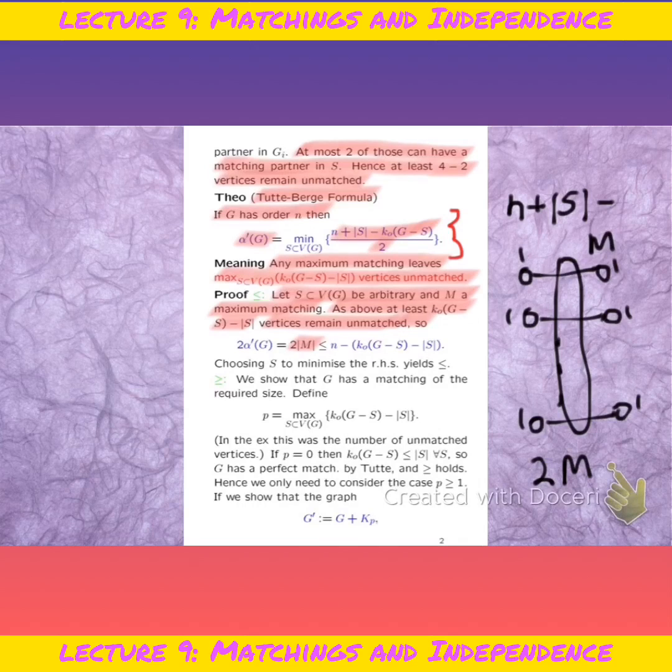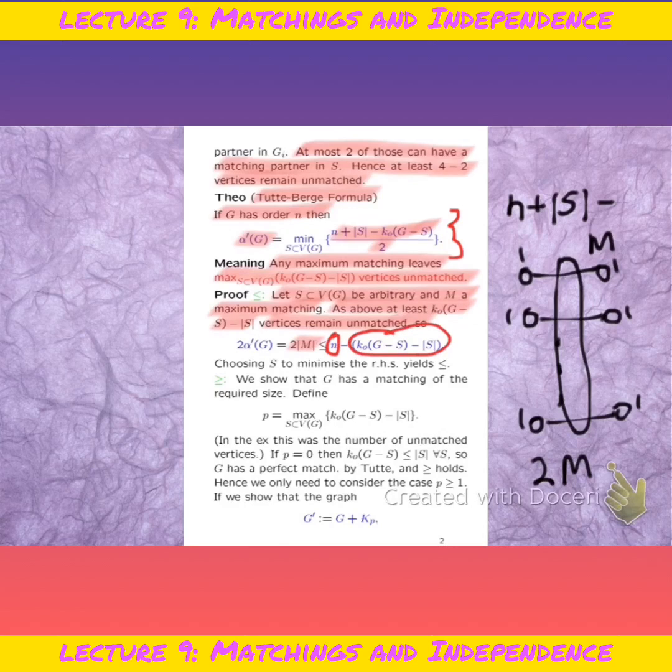So 2M will be exactly equal to 2 times alpha prime of G, which is the cardinality of the maximum matching. That will be at most the number of vertices minus the number of unmatched vertices.